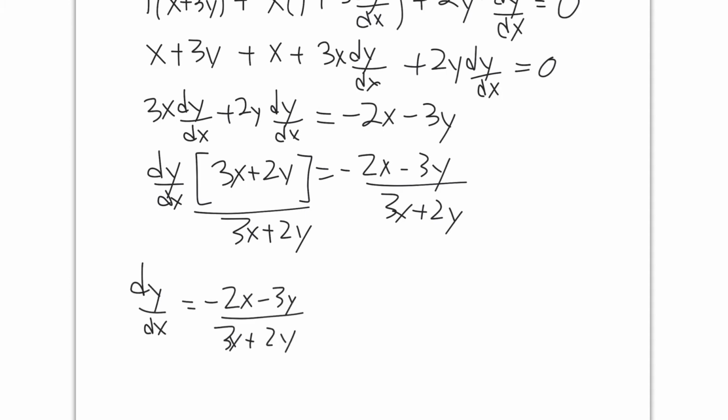Now, our goal was to calculate dy/dx, and we've done that. And the second part of the question asks us to find the equation of the tangent line. Well, to find a tangent line, we need two pieces of information. We need a point, and we need a slope. The point is given to us, and now we need to use something about the derivative to calculate the slope. Well, it's actually very interesting.